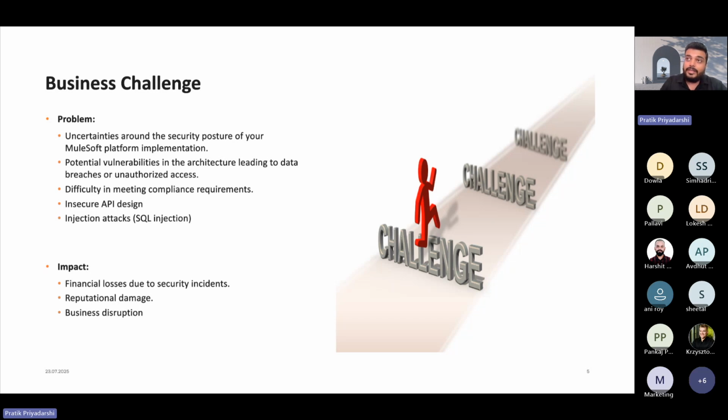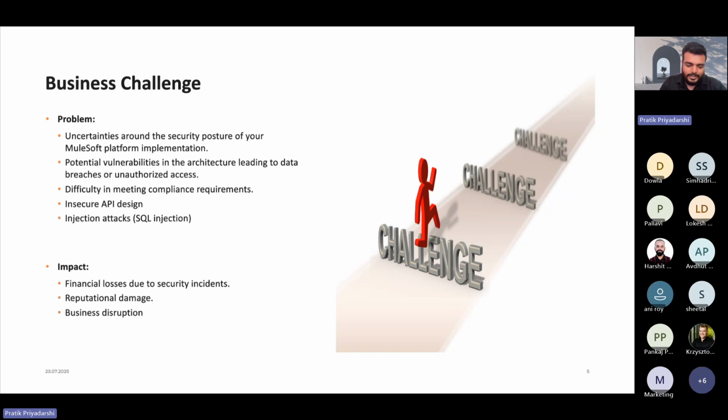And it's not just about the fine, it's about the data leakage, and it's about their reputation, which comes at stake. Sometimes it also comes to customer trust. Security isn't just about protection, it's about prevention, and prevention only begins with visibility.